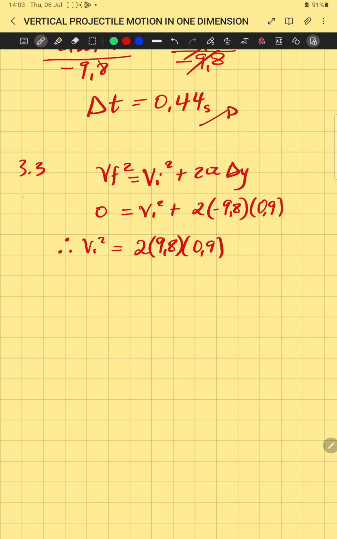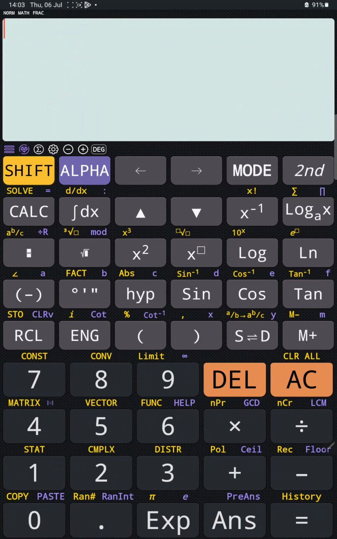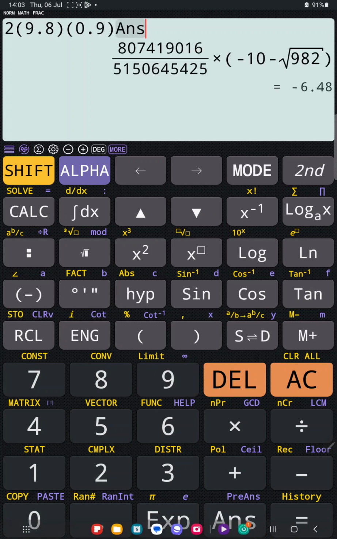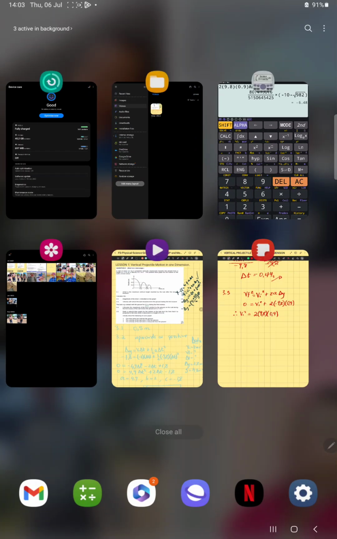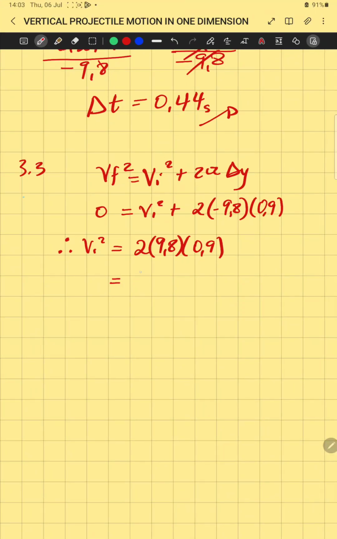And then we just work this one out using our calculator. So we check that if we have 2 times 9.8 times 0.9, what is it? 17.64. That is the answer, 17.64. So we've got 17.64, and here we've got VI squared. Remember, we have to square root both sides.